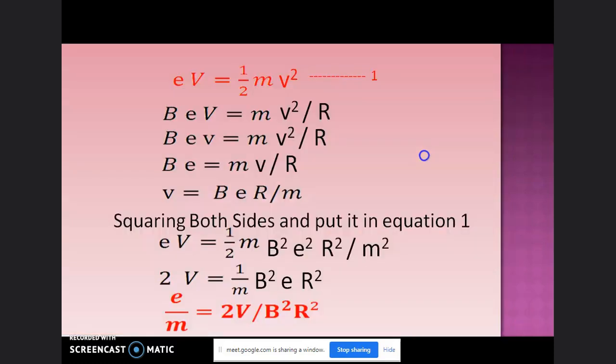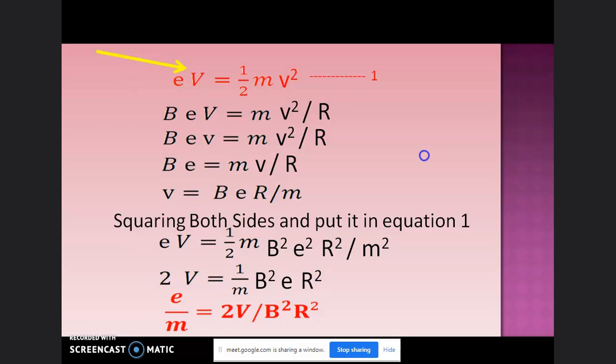Now how do we define it mathematically? Initially, we have applied a voltage to the cathode terminal. So when V amount of voltage is applied to the cathode terminal, the energy is eV. Those electrons rush towards the plate P1 with energy half mv square.